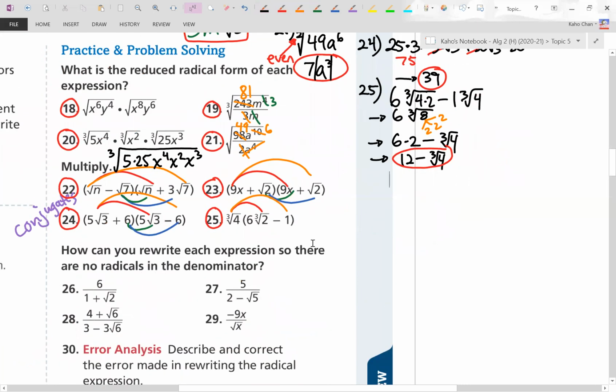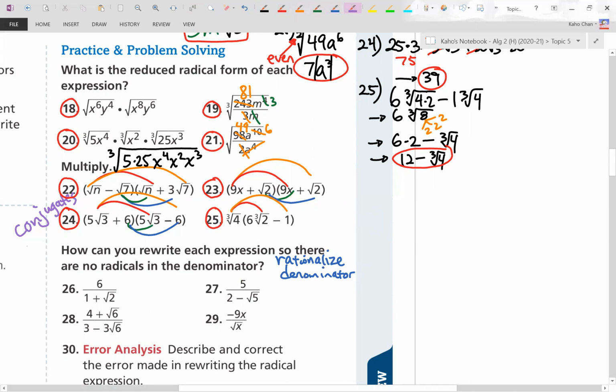All right. Oh my goodness. We got some rationalizing the denominator to take care of. We can't have radicals in the denominator. We need to rationalize. Let's write that down. Rationalize the denominator. Now, the key with most of these, 26, 27, 28, is to multiply by the conjugate.